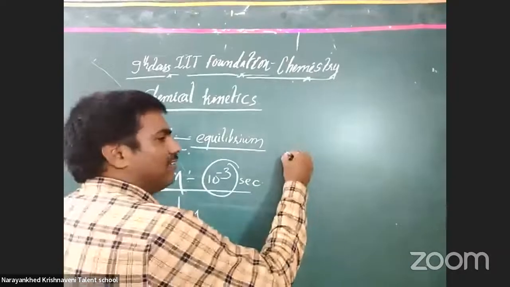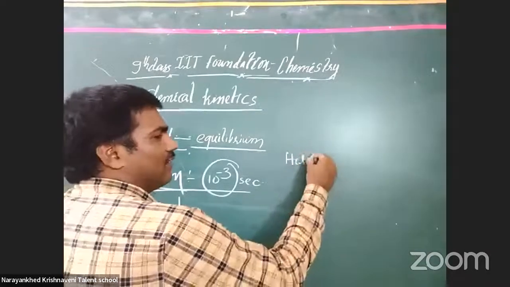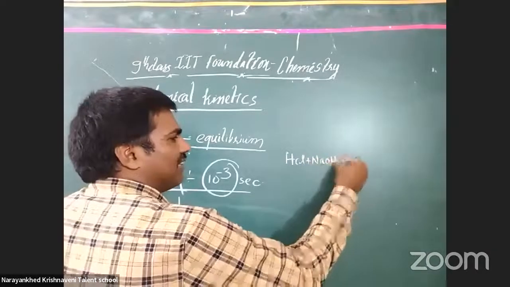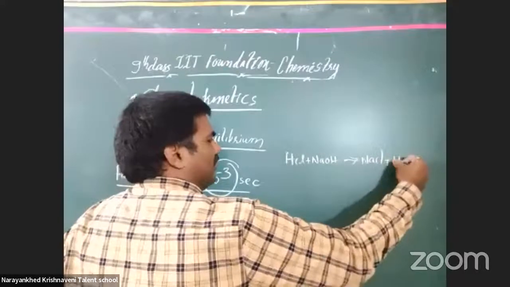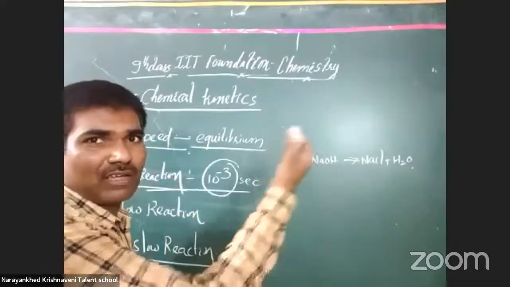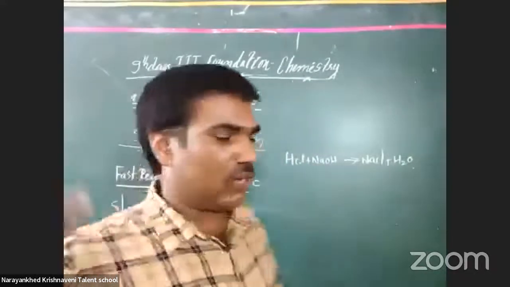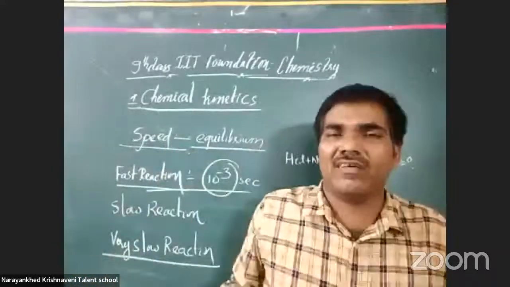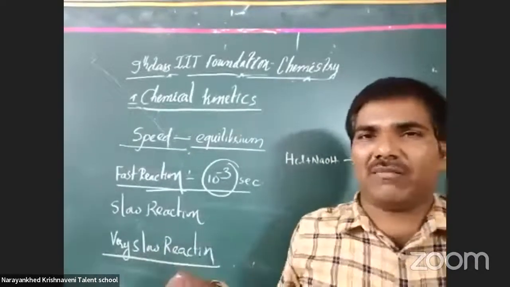An acid reacts with a base, that is HCl combines with NaOH to form NaCl and water. This does not take much time to form the salt using acids and bases. You already discussed and observed this in last year's classes.